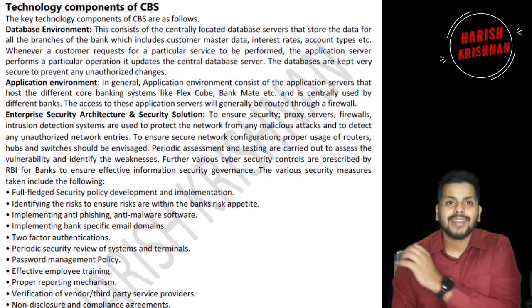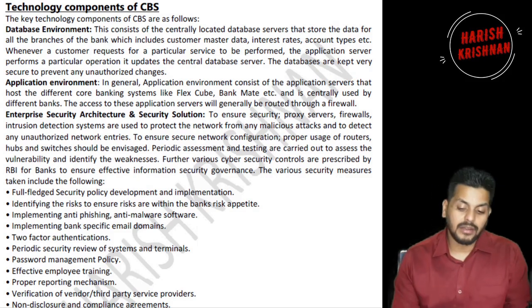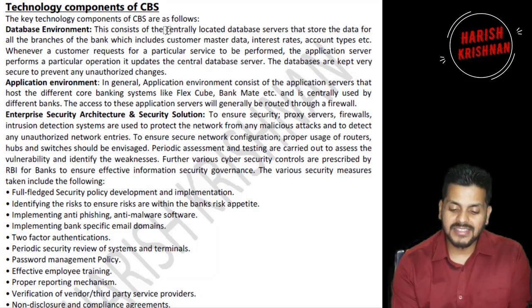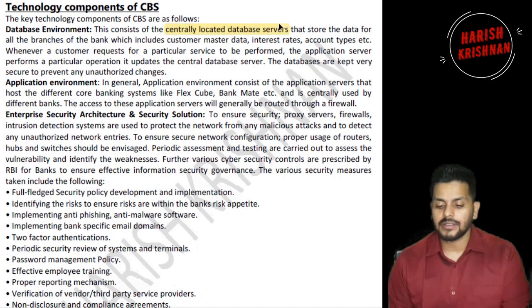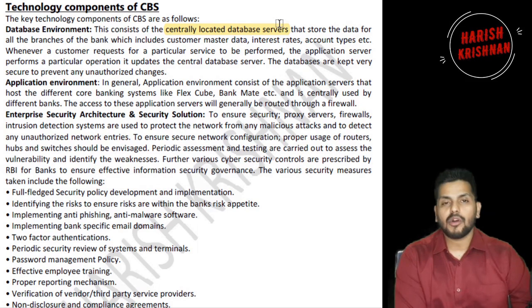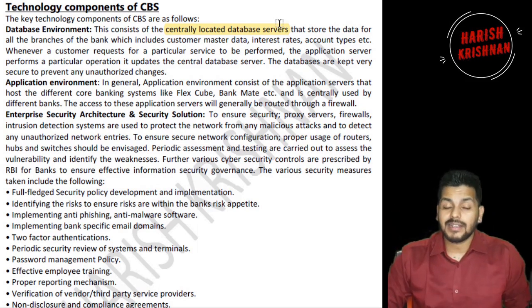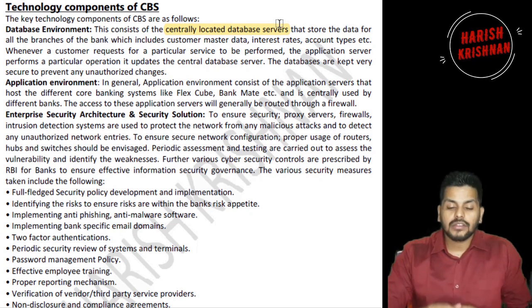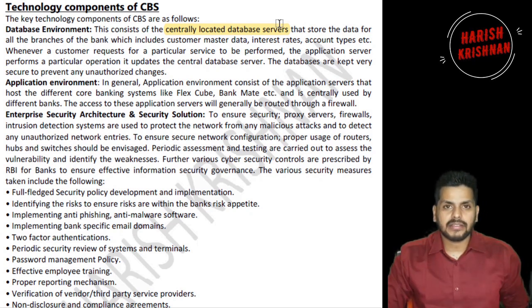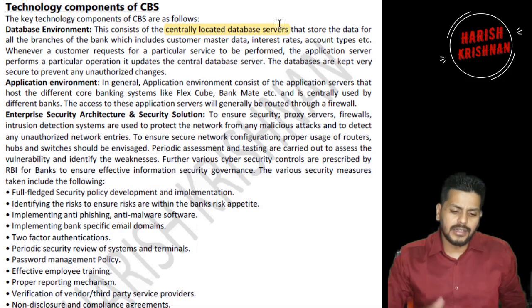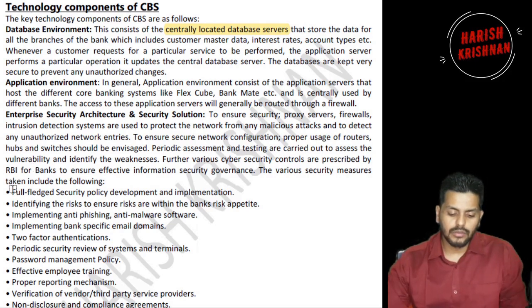First of which is database environment, which consists of centrally located database servers that store all the data from all the branches of the bank. Now we know there are different types of servers that are used in banks, right? So this is the database server part, because there is so much data in banks that have to be stored, right?